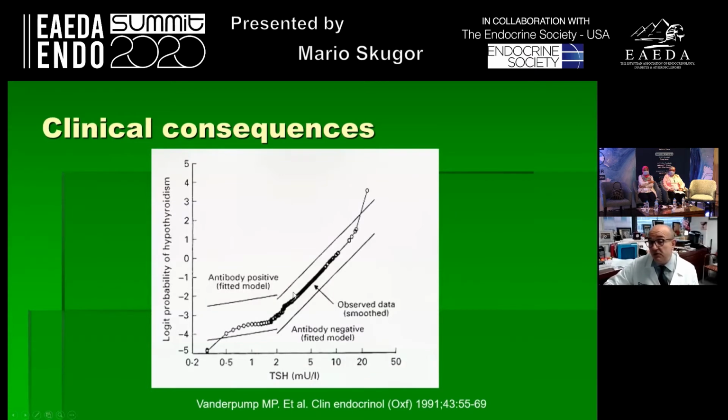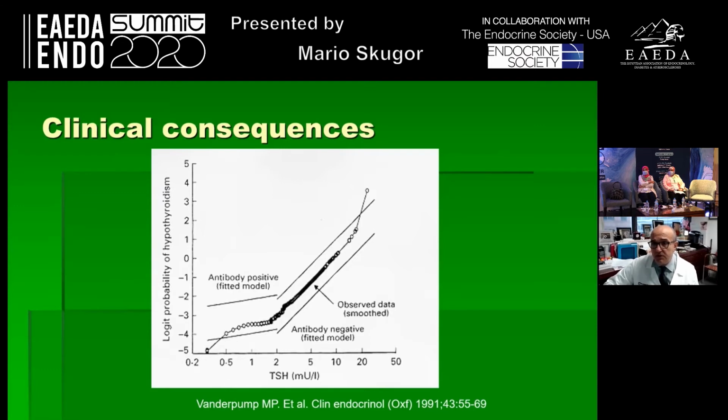So, interesting. This is actually the chart from that study, and it's very, very interesting for two reasons. You can see that the higher the TSH, the higher the risk for development of hypothyroidism. But the inflection point starts at about a TSH of 2 milliunits per liter, or microunits per milliliter, and that's regardless of whether it's antibody positive or antibody negative.